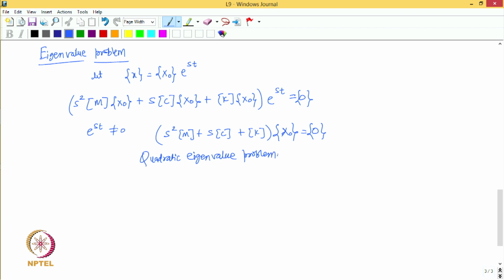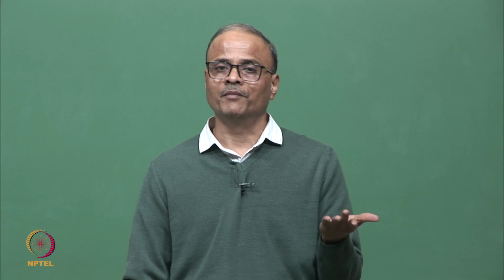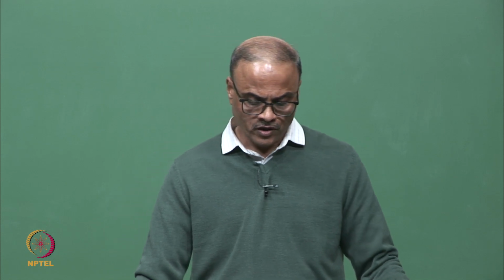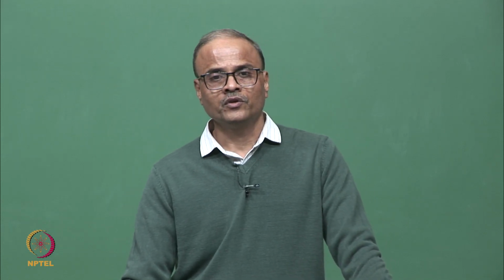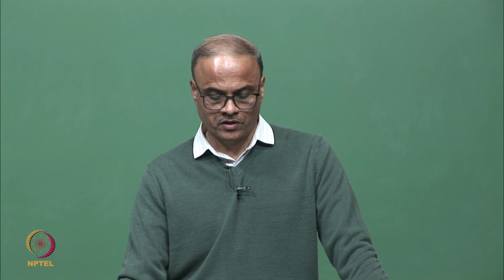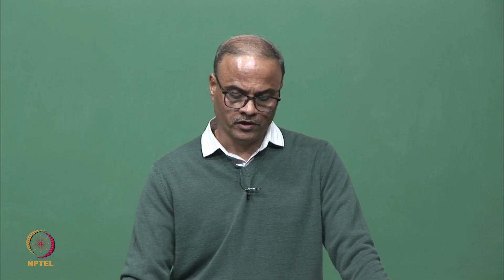In the undamped case, if we recall, we did not have the term related to the damping, because there was no damping in the system, and therefore we had something like a linear eigenvalue problem in terms of lambda. But here we now have not only the s square term, we also have the s term along with the constant k term, and hence it becomes a quadratic eigenvalue problem.